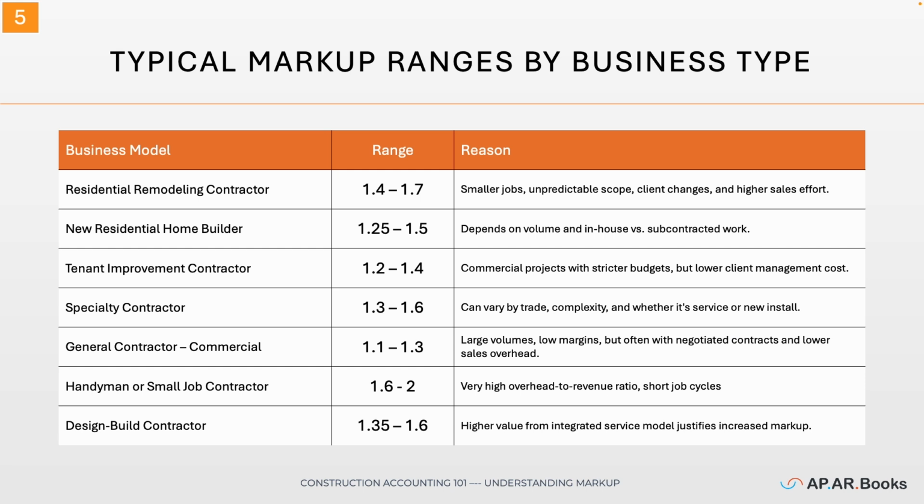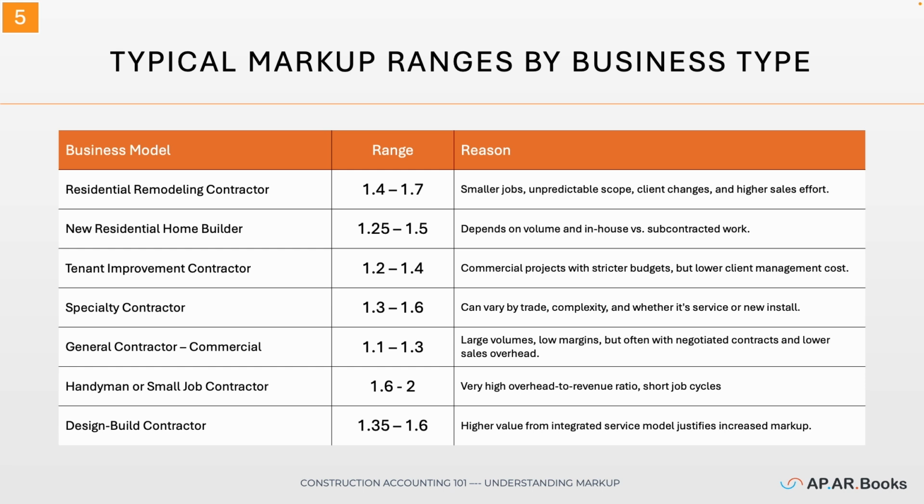Commercial general contractors may use a lower markup around 1.1 to 1.3 because of high volume and low sales overhead, often with negotiated contracts. Handyman or small job contractors might need a much higher markup, sometimes up to 2, because they have a very short job cycle and a high overhead to revenue ratio.